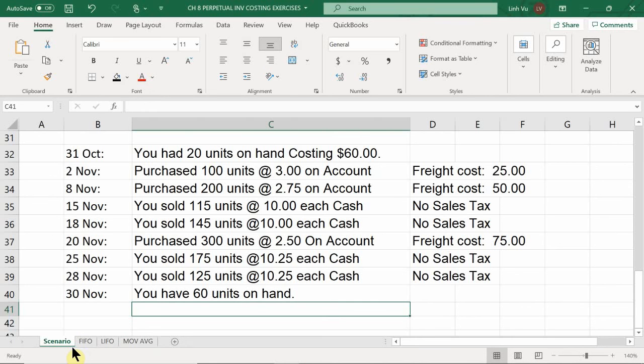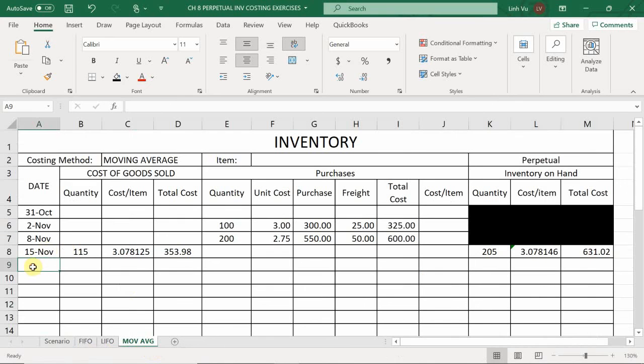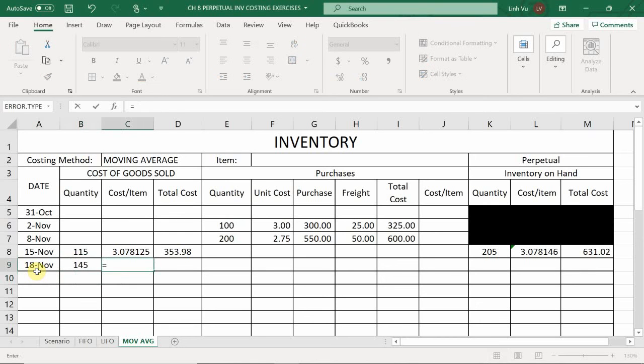So then on November 18, we end up selling an additional 145 units at $10 each. So we sold 145 items on November 18. So we take the 145 and multiply by 3.0781463.